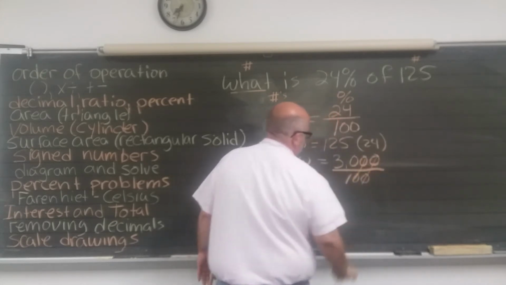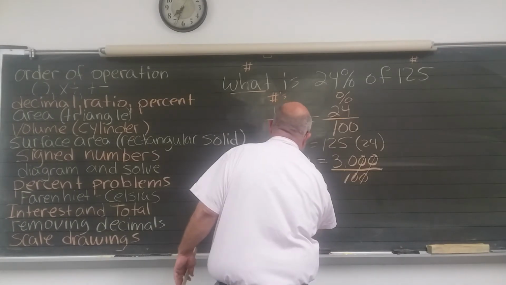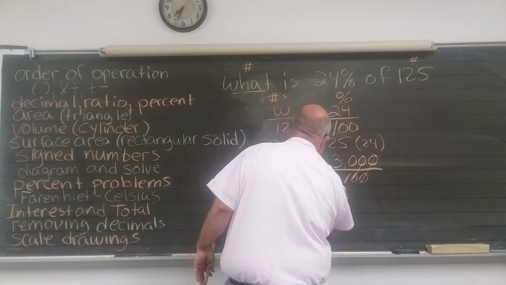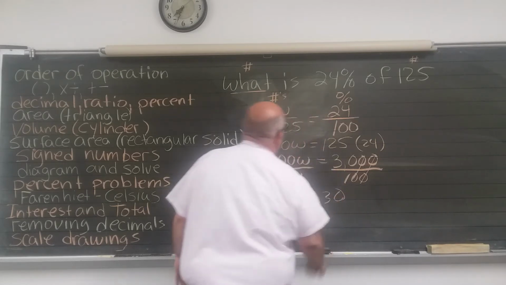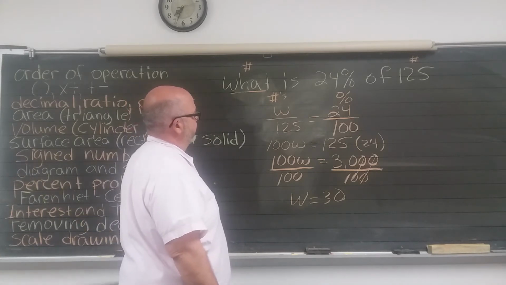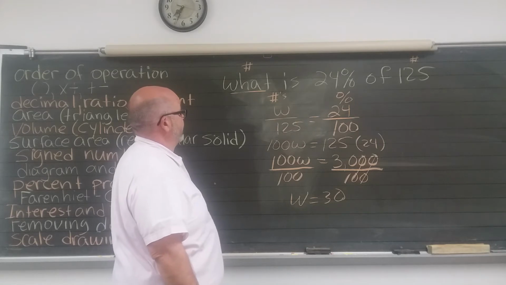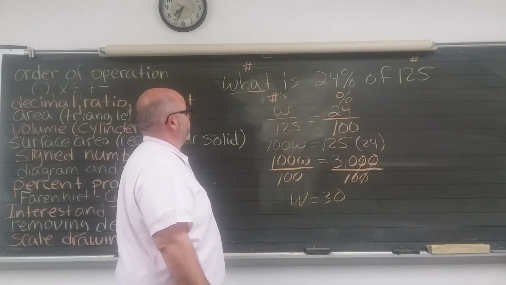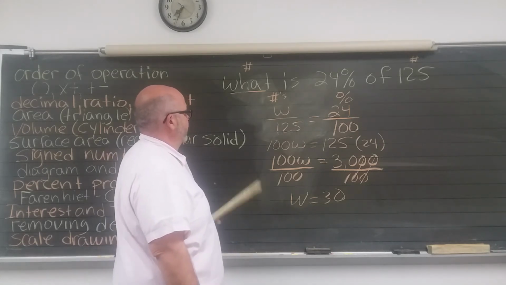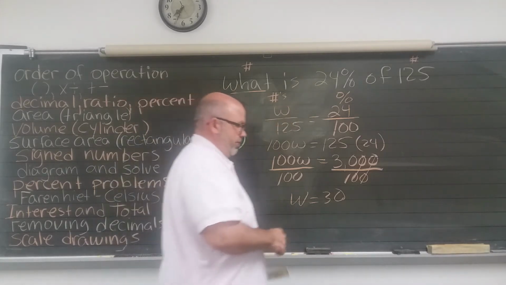Bam, bam. 30 divided by 1 is W equals 30. Does that make sense? 30 is 24% of 125, okay? That does make sense. So know how to do that. Know how to set up the proportion with the language of the problem.